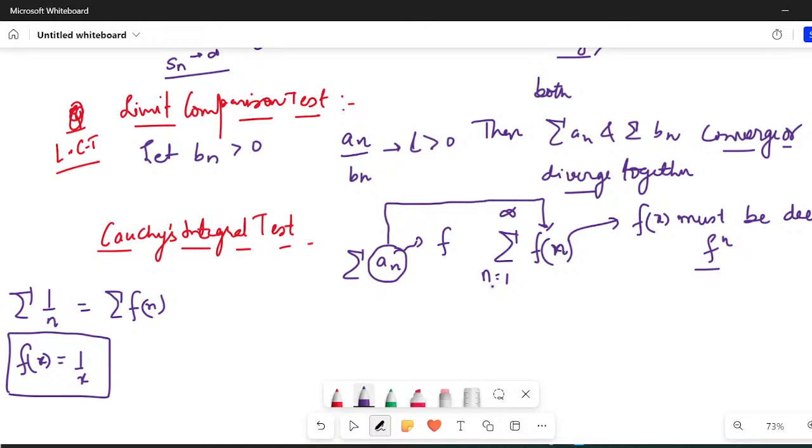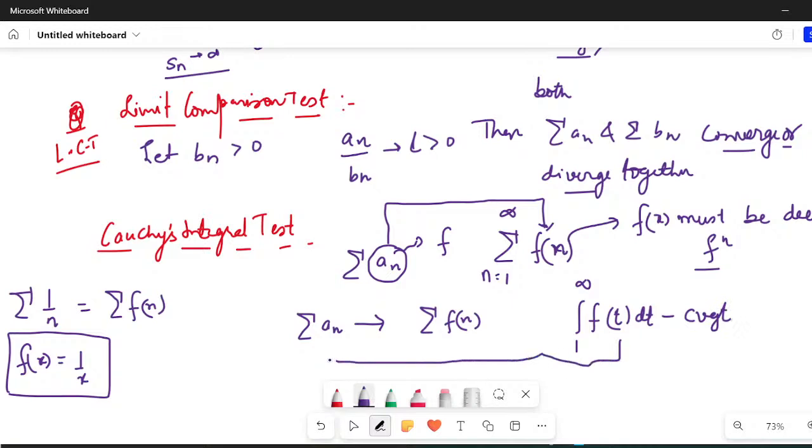Instead of summation of f of n, just try to find the integration from 1 to infinity of f of t dt. If this is convergent, then summation An is also convergent.